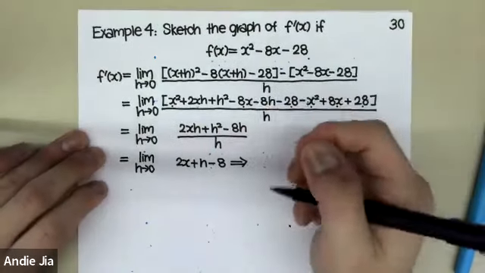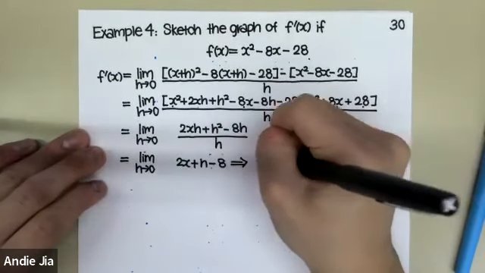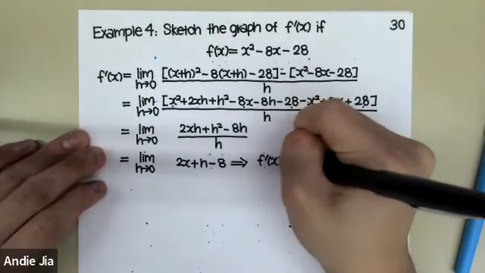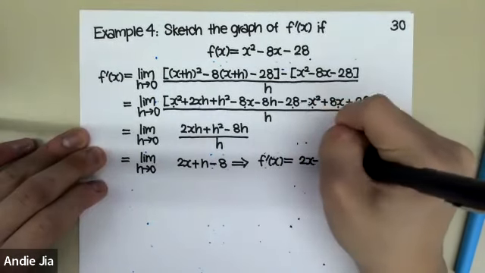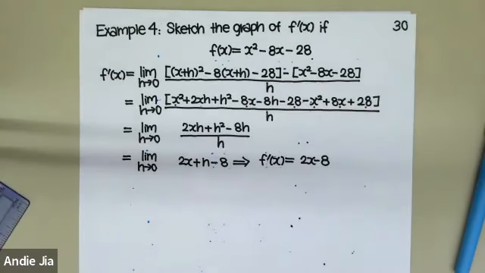It turns out that f prime of x is 2x minus 8. So now we can do a smarter, better way to sketch the graph, because before we just intuitively guessed where the function is increasing.